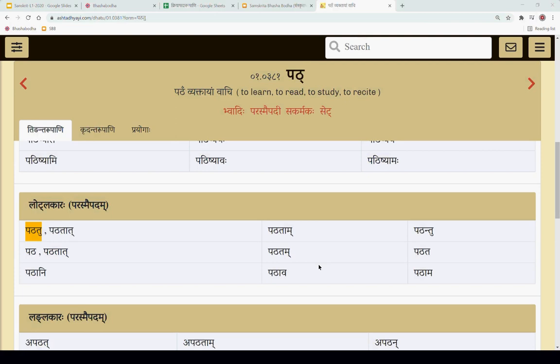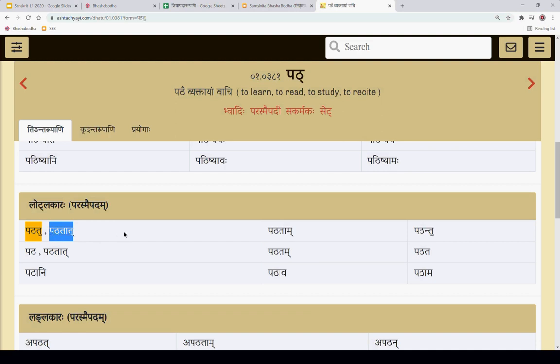Just want to add another thing here. Some of you may be wondering, what is this Patatat? Anybody has any question like this in their mind? We know Patatu, but what is Patatat?